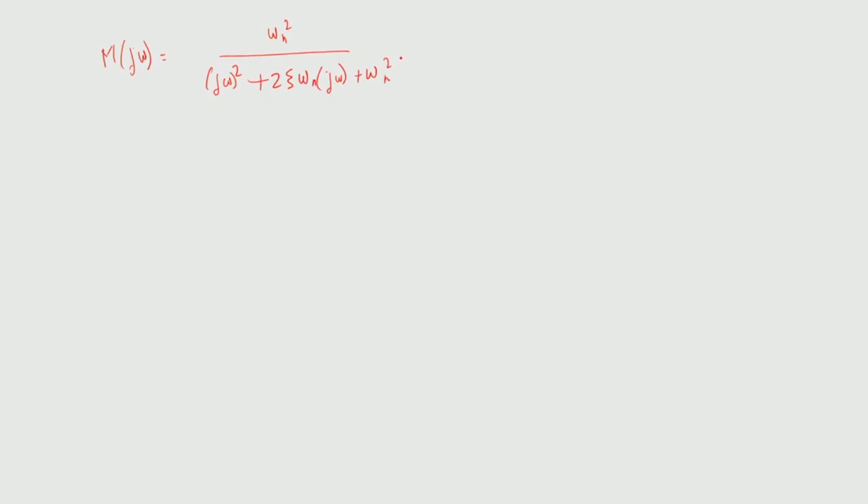Now, let me define a quantity u, which is the normalized frequency, as omega over omega n. You may even avoid using this, but I think the computations get a little easier. So, I can write this in terms of u as 1 over 1 minus u square plus j 2 zeta u.